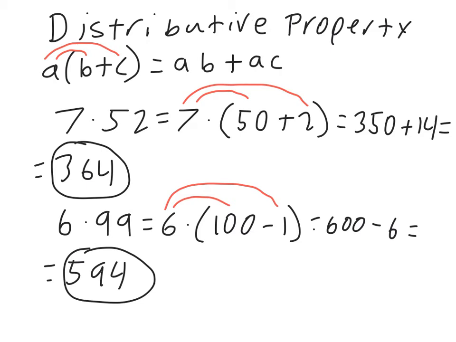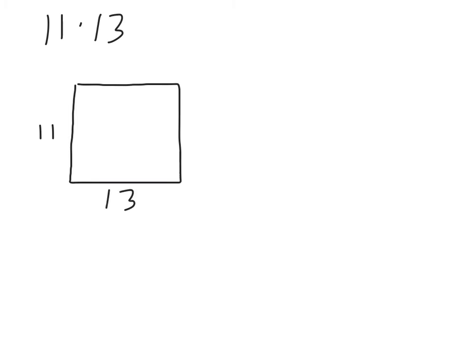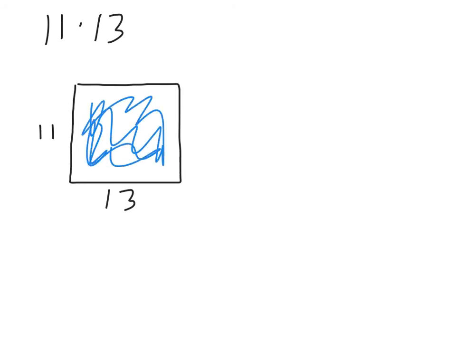For those of you that are visual, here's a quick way to show how the distributive property works and why it works. So here we have 11 times 13, and say that we're doing this because we want to find an area of something. So we take a rectangle and we have a height of 11 and a length of 13. And that will give us everything in this little rectangle right here.